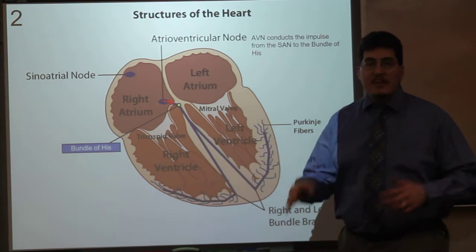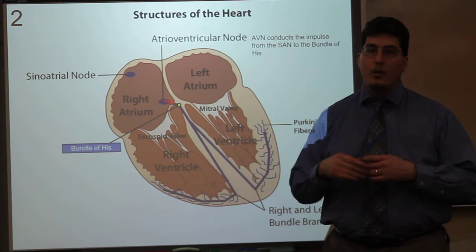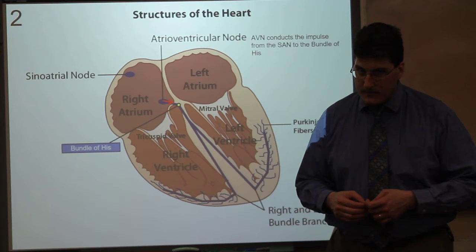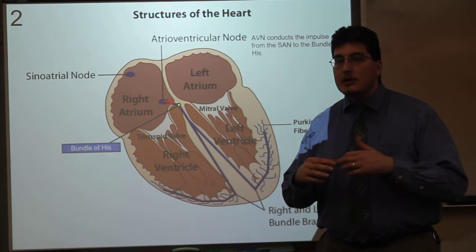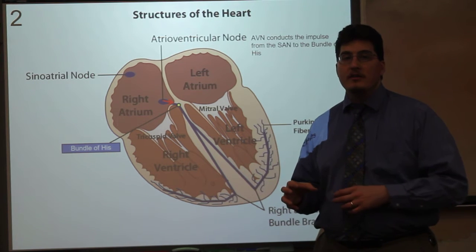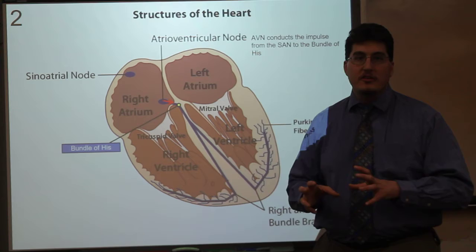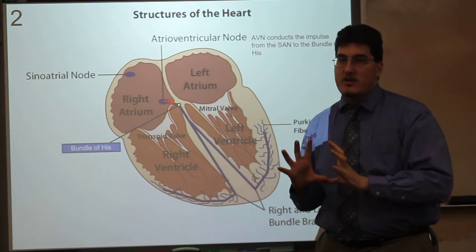Now, this causes a time delay. That time delay is about 0.1 seconds. That 0.1 second time delay has the following effect. It allows for the atria of the heart to contract, and then the ventricles will contract.